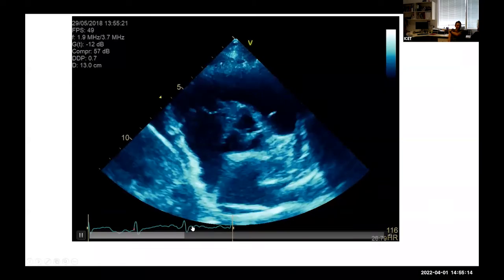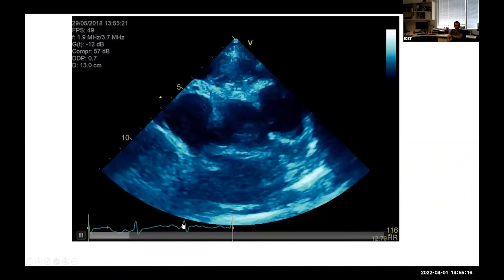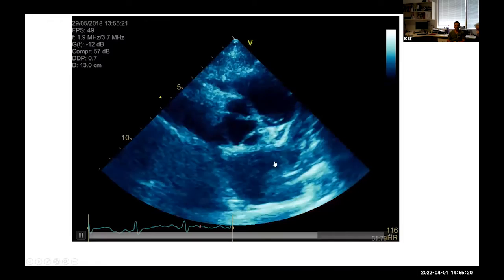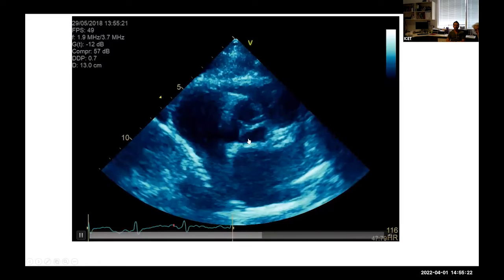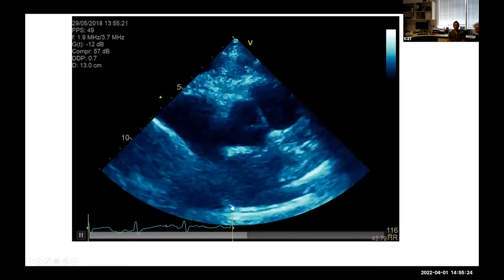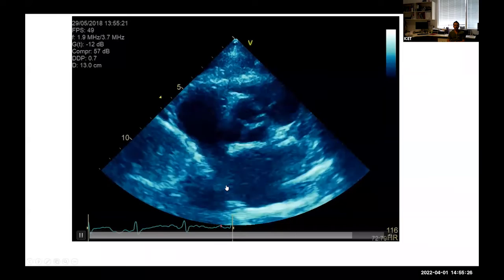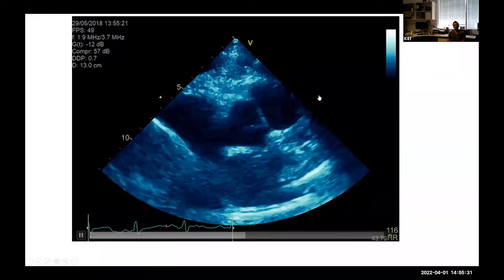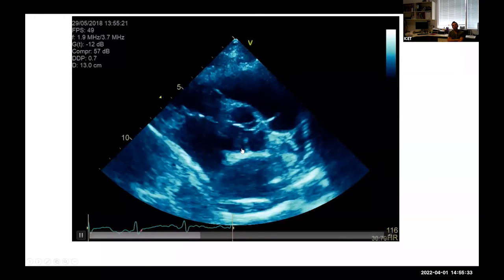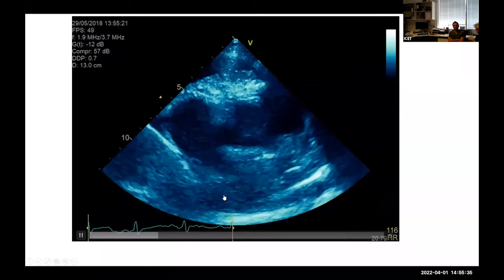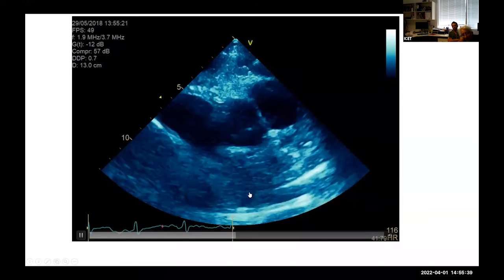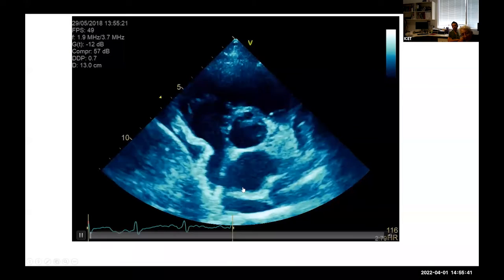Okay. So I think we've got a parasternal short axis, looking at the great vessels, so you can see the aortic valve in the center. Again there looks like a circumferential pericardial effusion. It looks like it's compressing the right atrium and the left atrium to me.